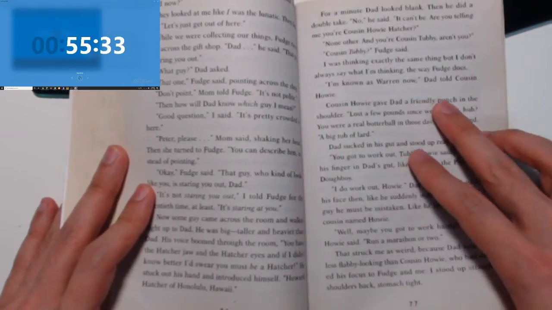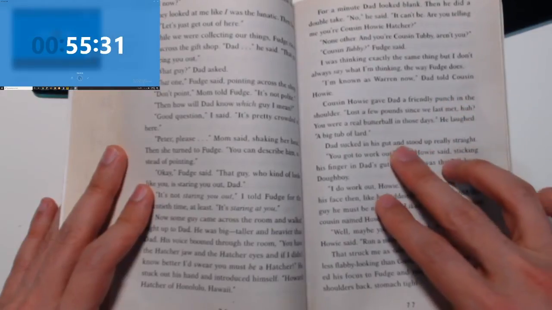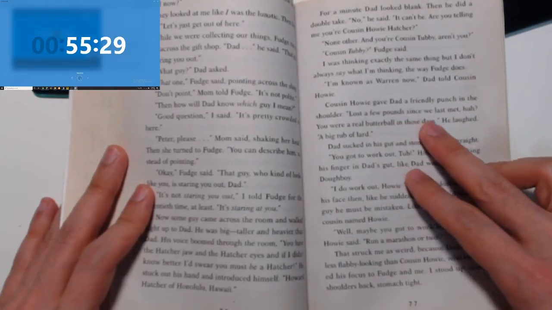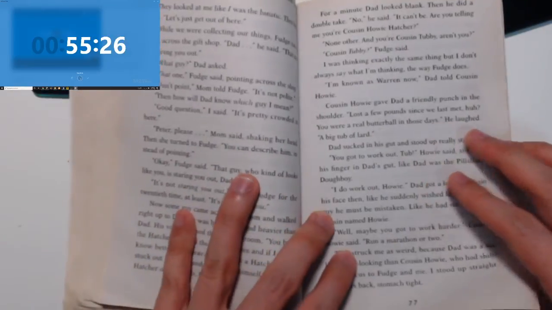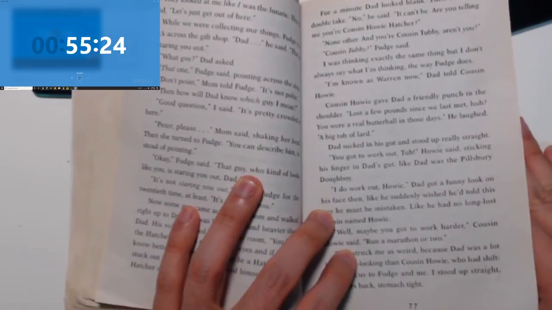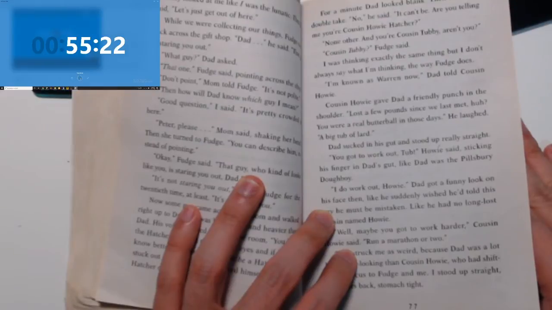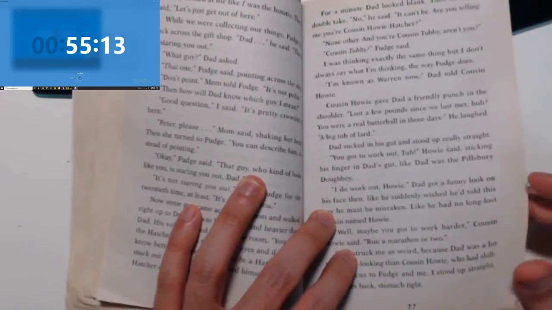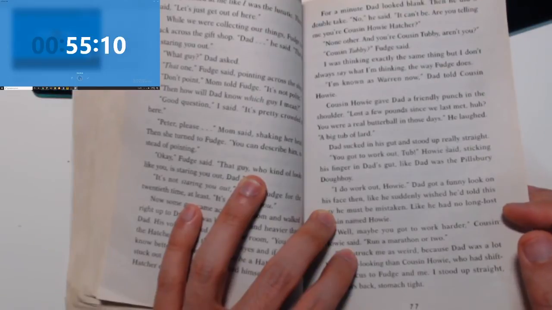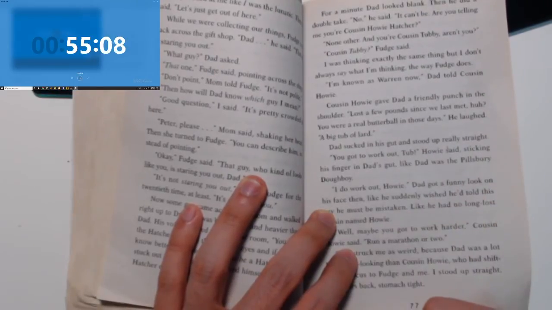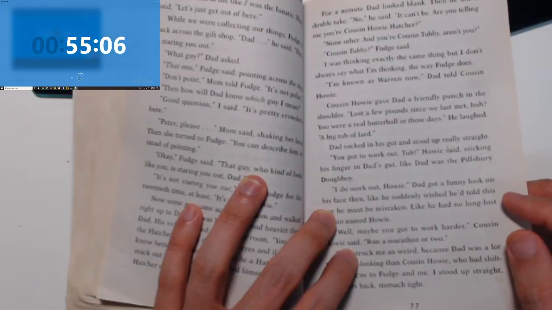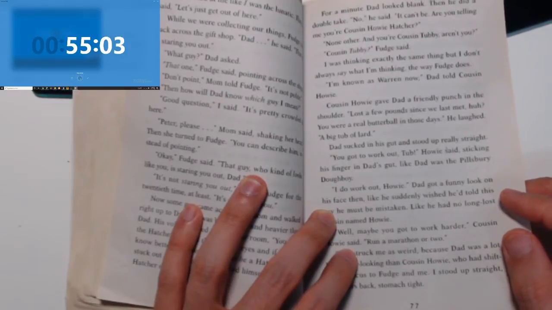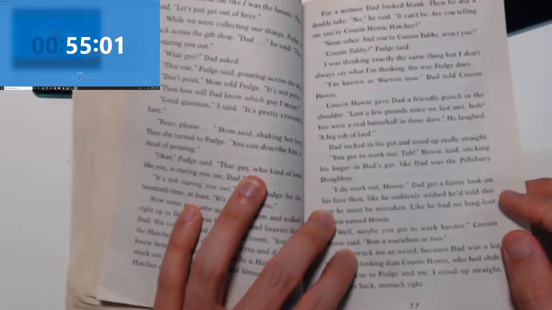I'm known as one now, Dad told cousin Howie. Cousin Howie gave Dad a friendly punch in the shoulder. Lost a few pounds since we last met, huh? You were a real butterball in those days. He left a big tub of lard. Dad sucked in his gut and stood up really straight.